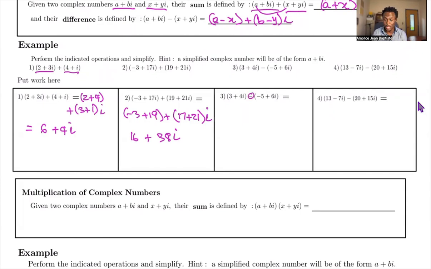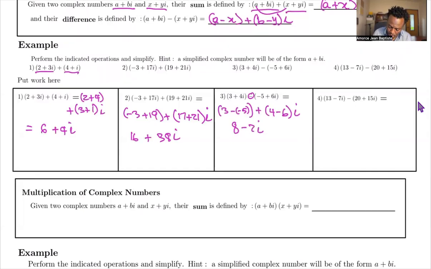Subtraction. We have 3 plus 4i minus negative 5 plus 6i. So that's 3 minus negative 5 plus 4 minus 6i. Minus negative 5 is plus 5, so that's 8. 4 minus 6 is 2, so minus 2i.